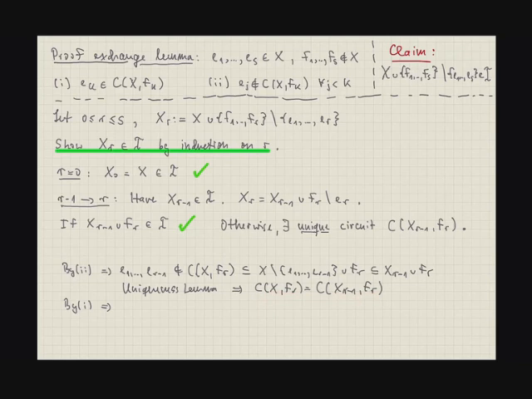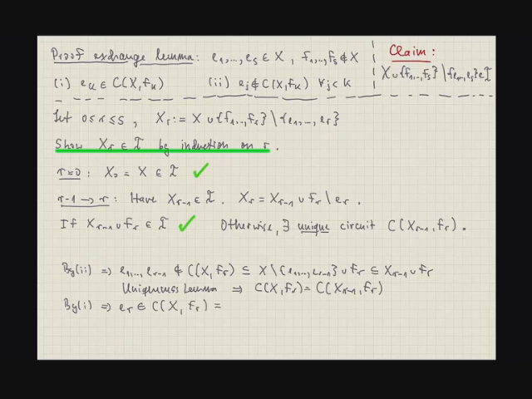Okay, so now we look at condition number 1, which says that element e_r is an element in the circuit induced by adding element f_r to x. So I just write that down. e_r sits in the circuit induced by x and by adding f_r.